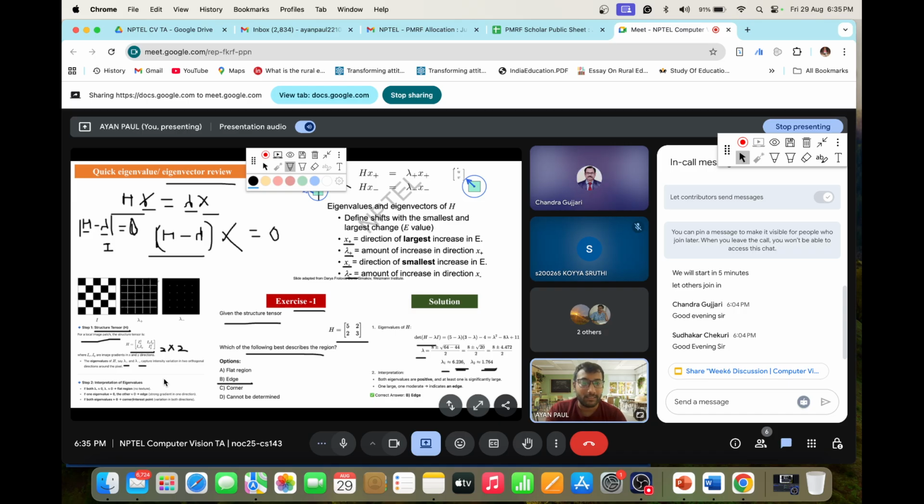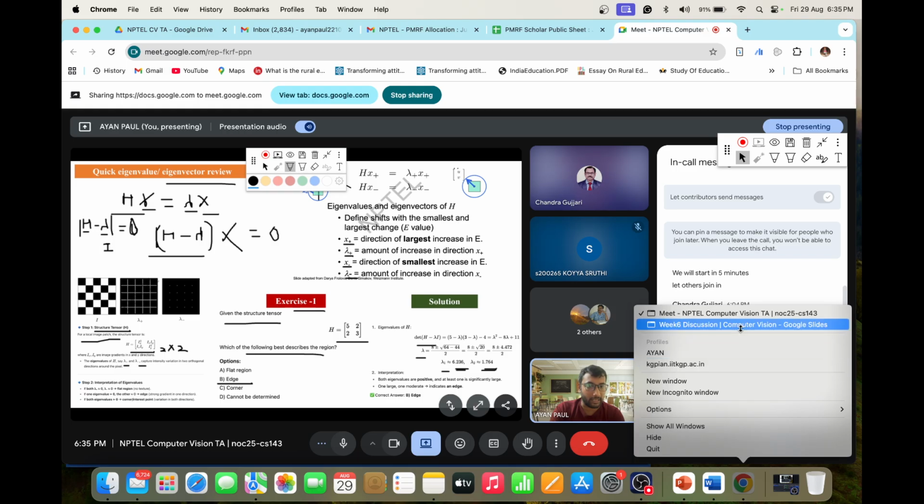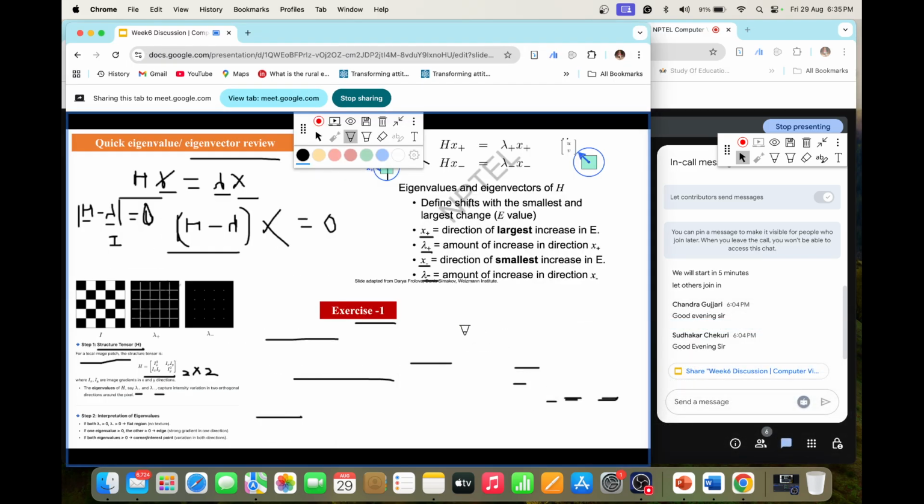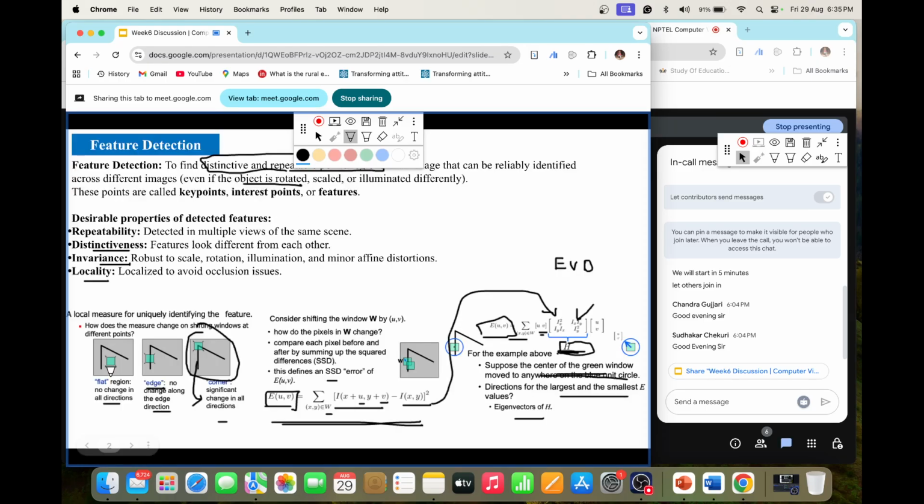Okay, you can see in that image, let me show you again. You can see over here, this image will make it very clear. If you move this green region around this flat region, there will be very little change in the lambda values, right? So that is why it is a flat region.